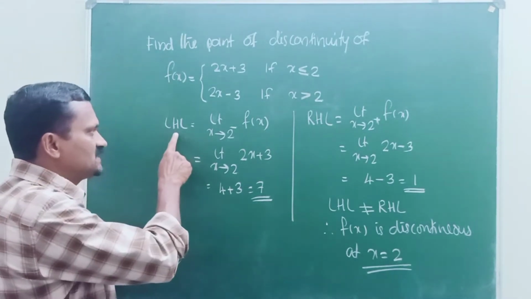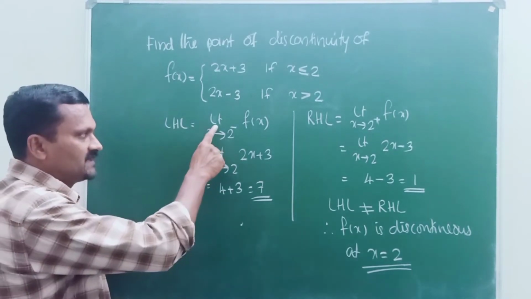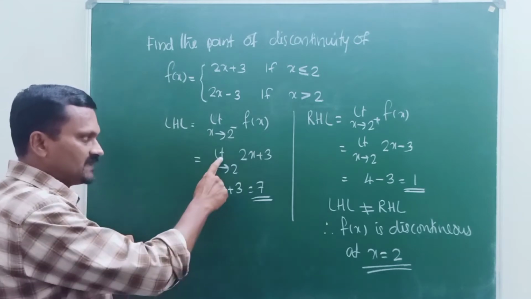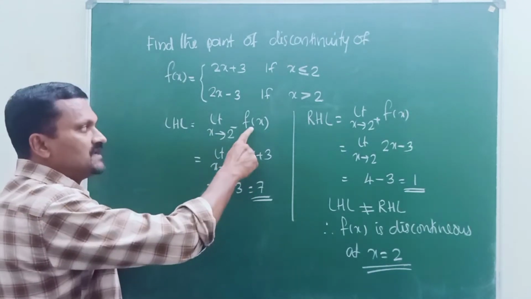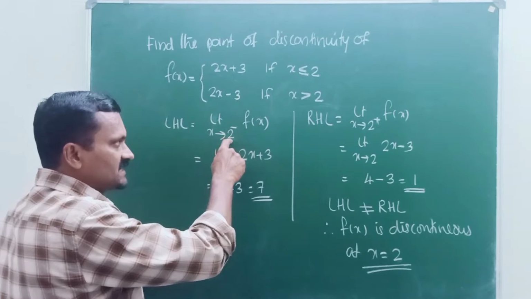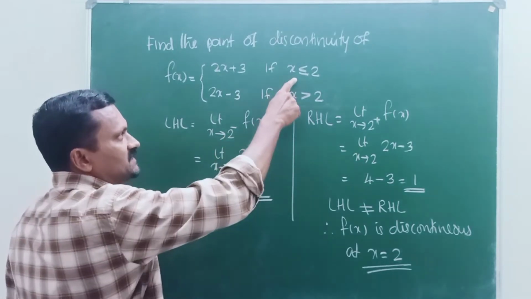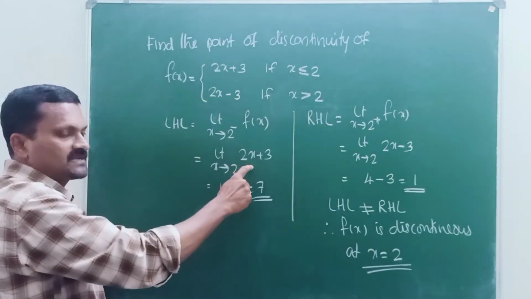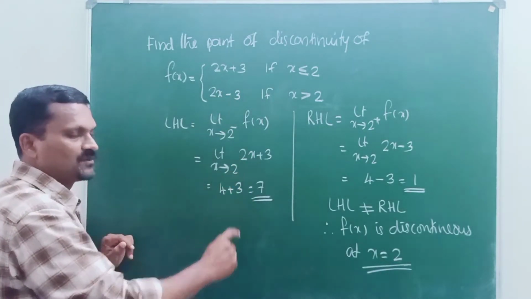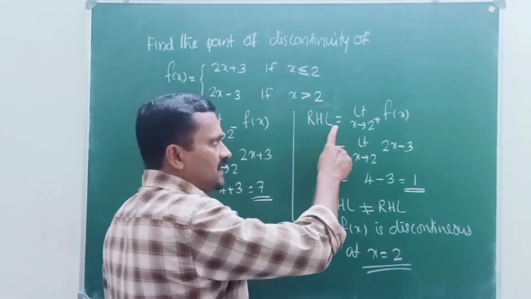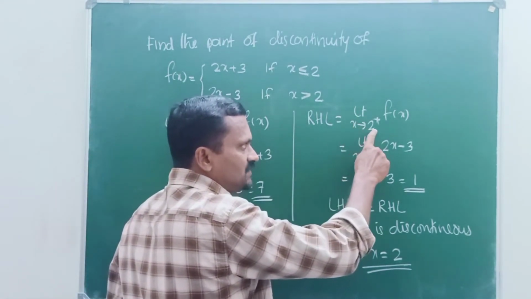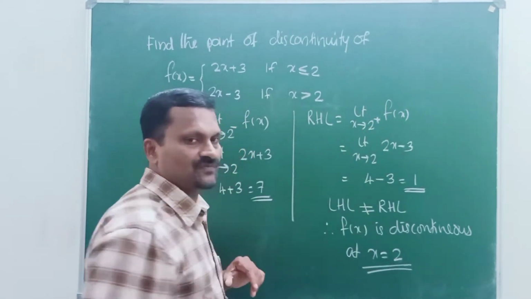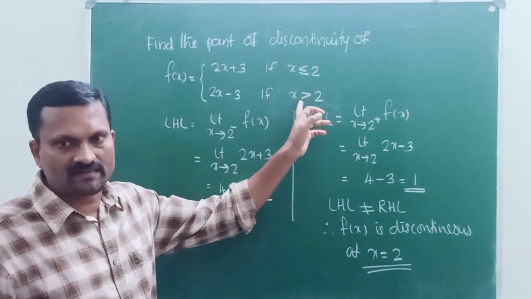For this, first find LHL, that is limit x tends to 2 minus f of x. 2 minus means x is tending to 2 from the left. Left means x less than 2. Then the function is 2x plus 3. Then LHL equals 7. RHL means limit x tending to 2 from the right of f of x. 2 plus, or right of 2, means x greater than 2.